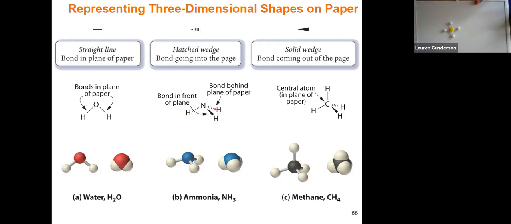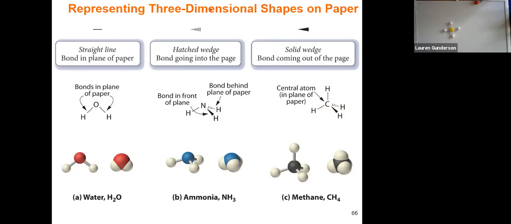More than one hydrogen wouldn't be in the same plane with another hydrogen, which means that one hydrogen would be further behind this one, and one hydrogen would be in front of this one. So the one that's in front gets a solid wedge, the one that's behind gets a hatched wedge. In the tetrahedral shape, we're able to put two of the hydrogens in the same plane as one another. And then we'll have one hydrogen sticking out front and one hydrogen sticking out back, right?